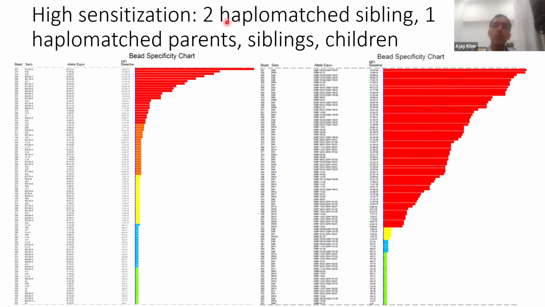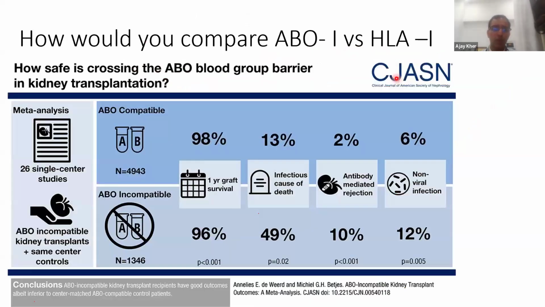So in these situations, a 2 haplomatch sibling or a 1 haplomatch parent or a sibling might be the best option. If it's a father, then a child might be. If it's a mother, then you know that these are antibodies that are likely to be against the child themselves. So those would be options to consider.